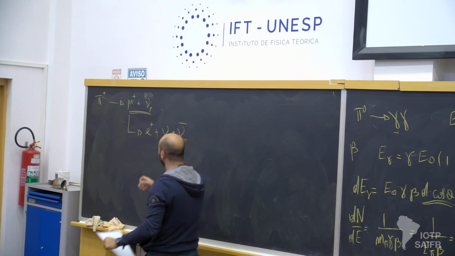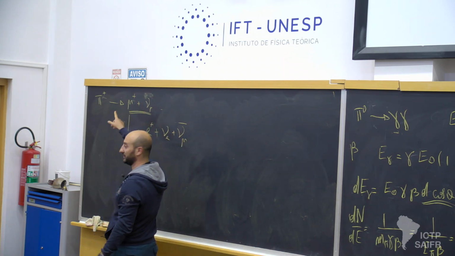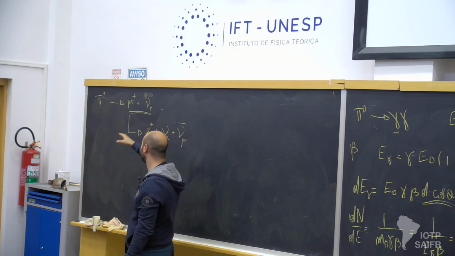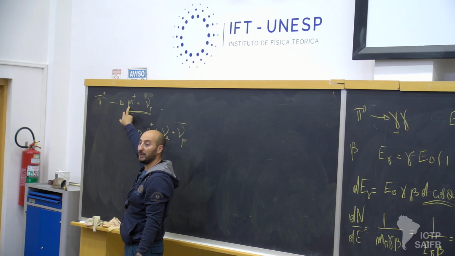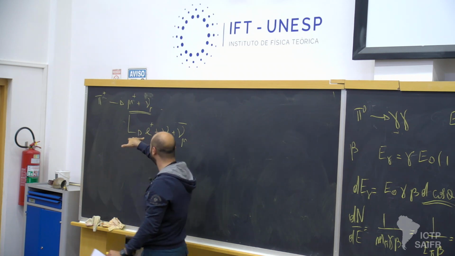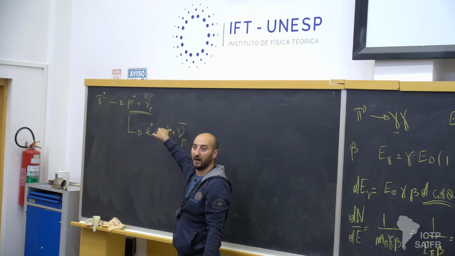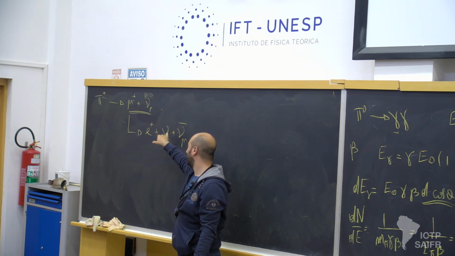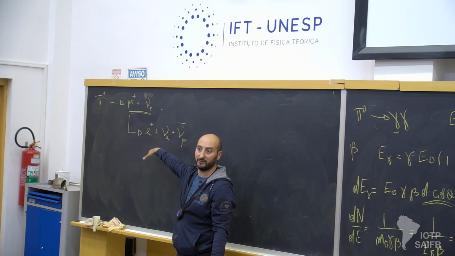Why? First of all, because this is more energetic. Second, because as Kota was mentioning, there are systems where this guy will be stopped, actually, will lose energy and will decay after an energy degradation. So it may happen, in fact, that these ones are at a much lower energy in the lab system.